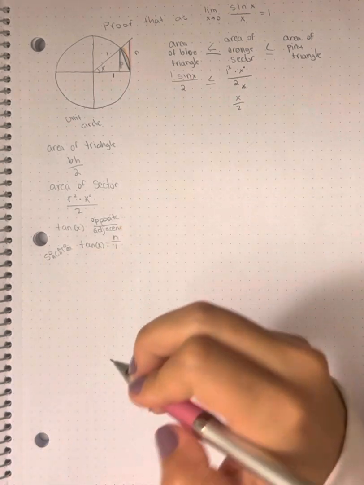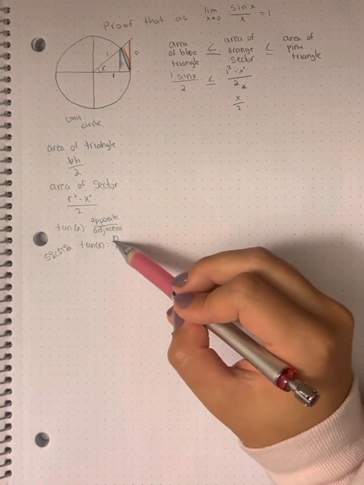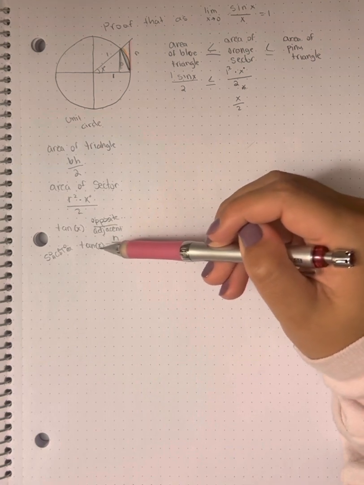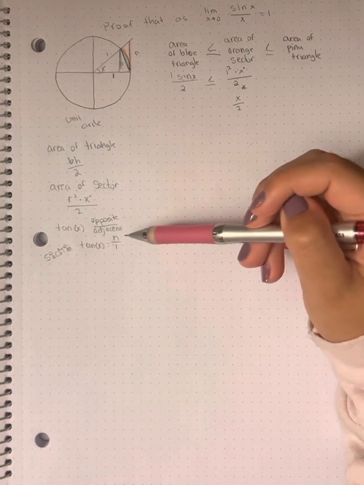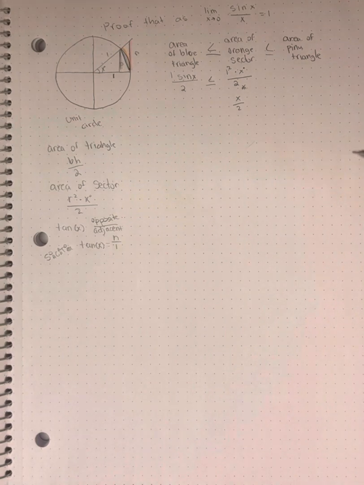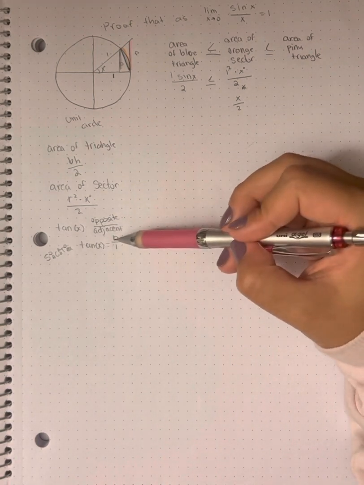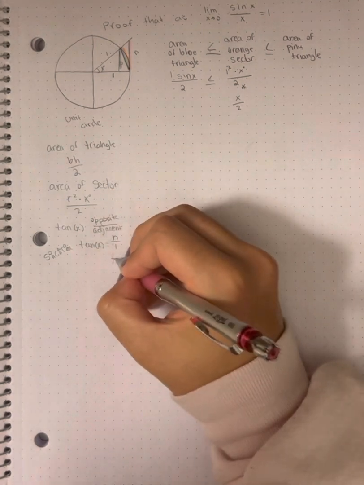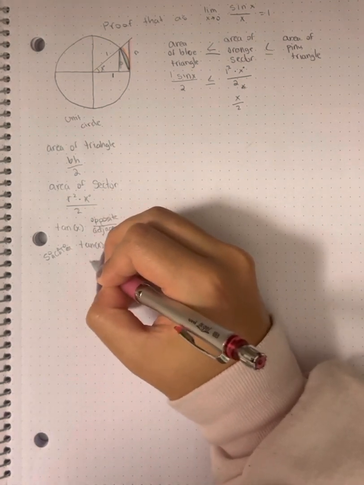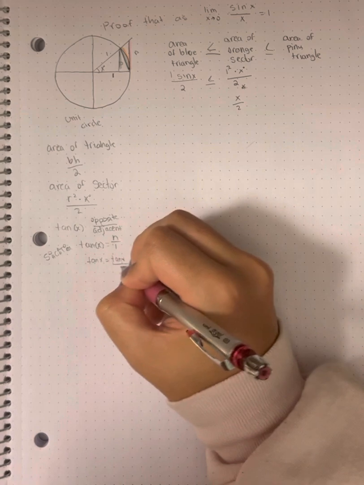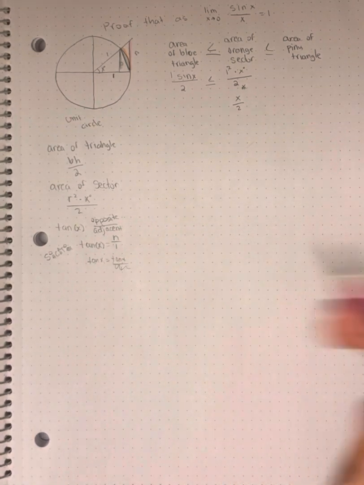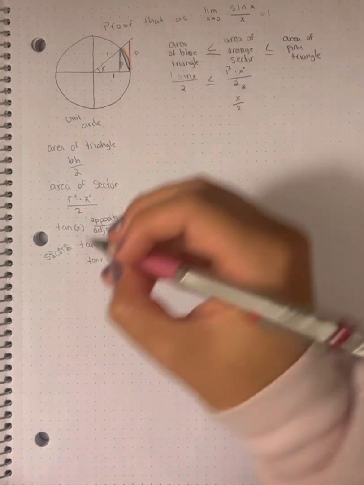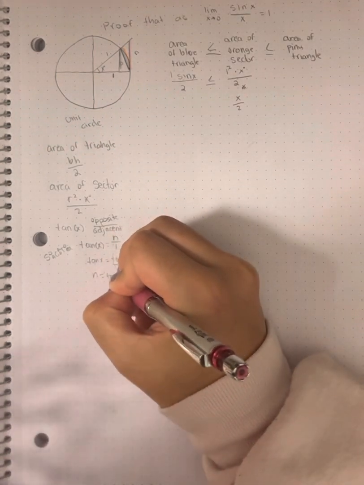Well, if tangent of x is n over 1, that means n has to be equal to tangent of x, so that it makes sense.